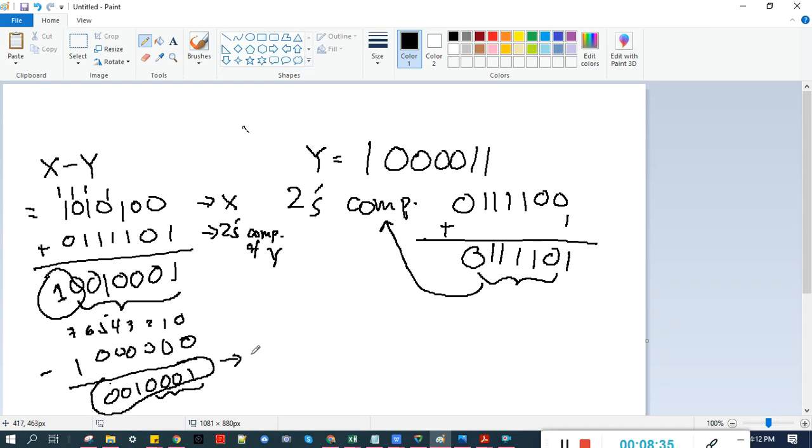Without a calculator, this is 1 times 2 to the 0, plus 1 times 2 to the 4. So 1 plus 16. So this is 17.